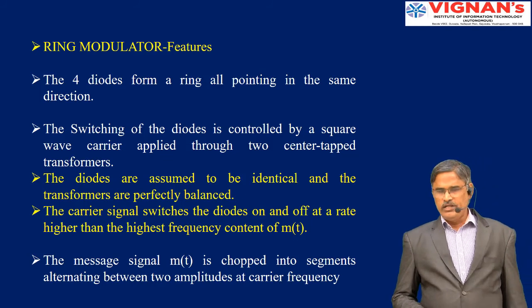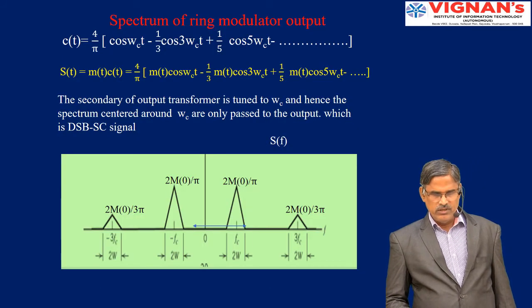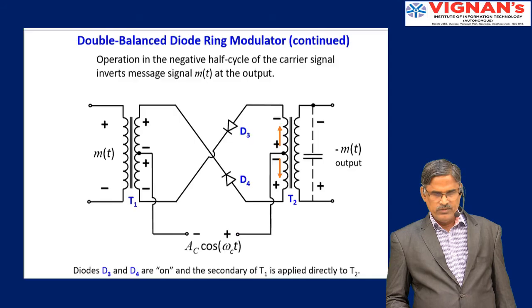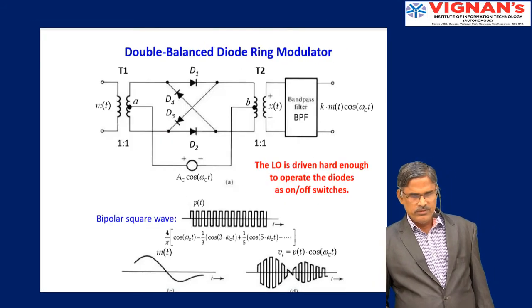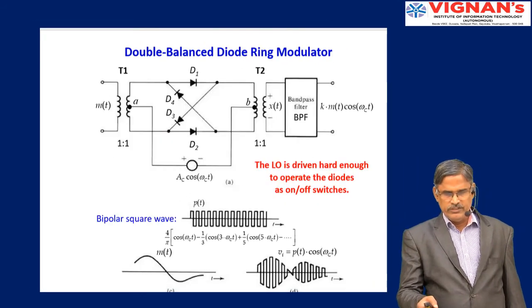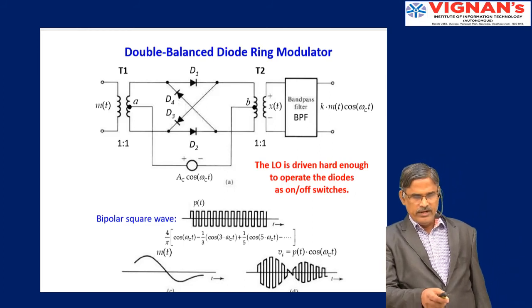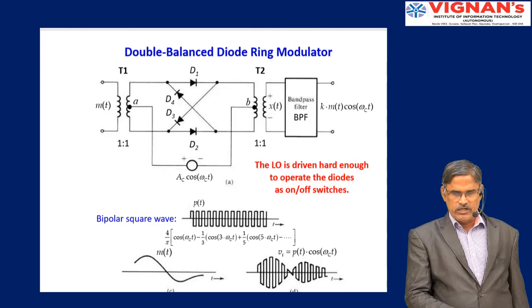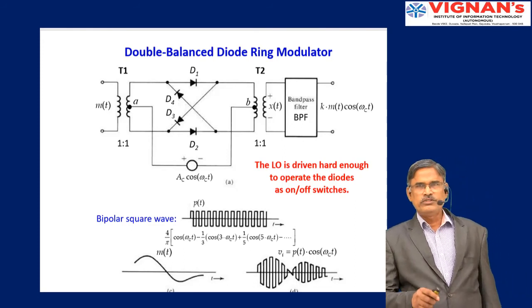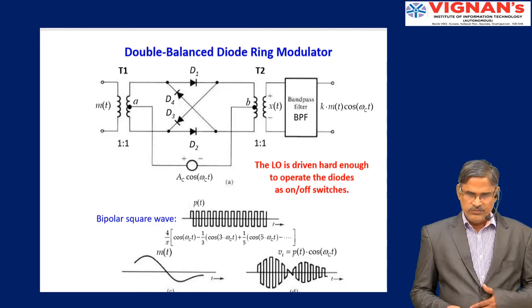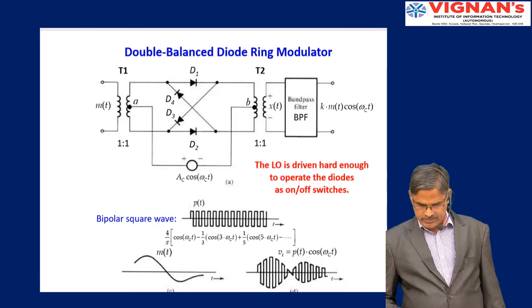It is called a ring modulator because the diodes form a ring circuit. If you see, D1 output is connected to D3 anode, D3 output is connected to D2 anode, and D2 output is connected to D4 anode and comes to the initial point. So the diodes form a ring. So it is called a ring modulator.